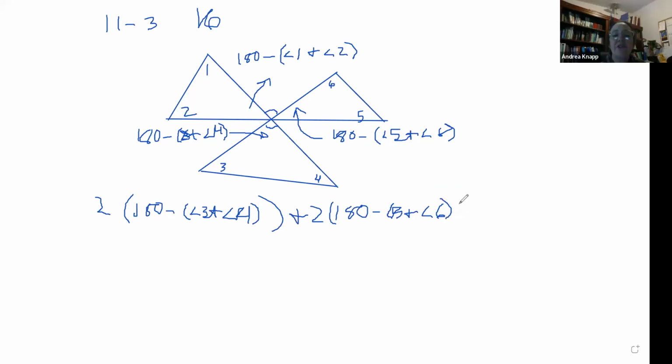And we also have 2 sets of this angle right here, because you've got that one and the one across from it.